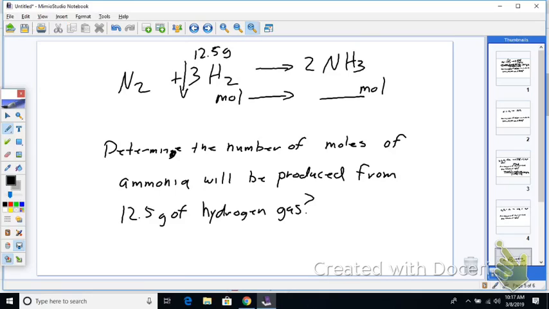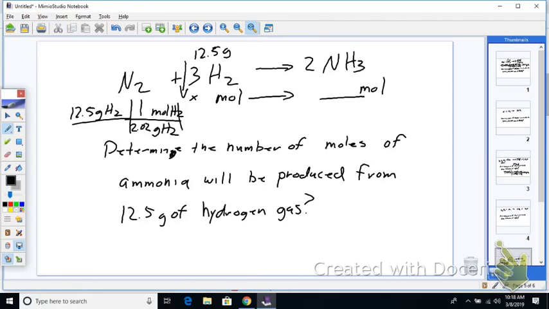Can't do anything diagonal. So I'm going to put the 12.5 grams of H2. Then I'm going to go grams of H2 down here to moles of H2. So when I do that, I got to find the molar mass of H2, and it's 2.02. Now I'm here. See, there's where I'm at on my map.